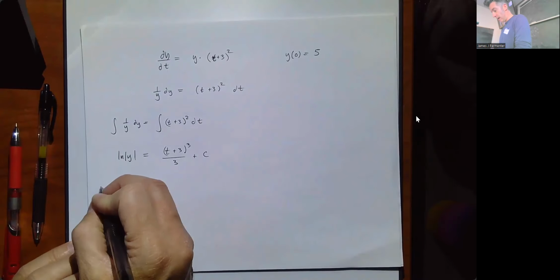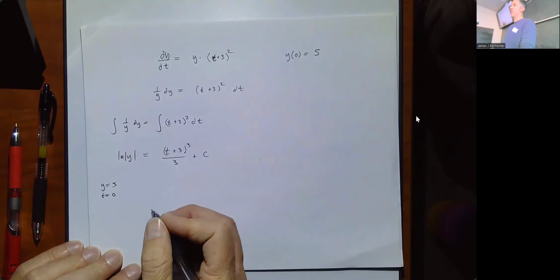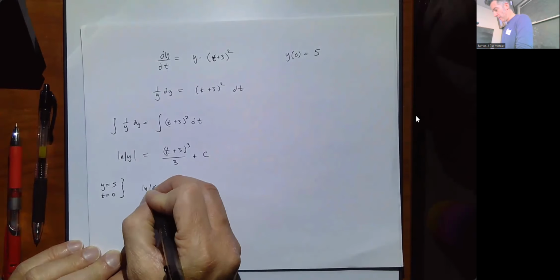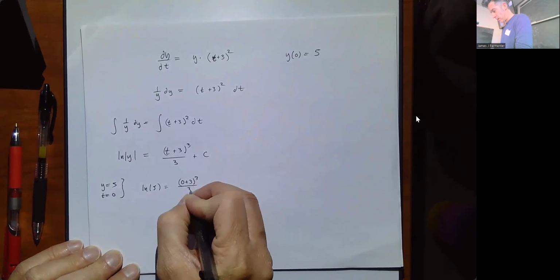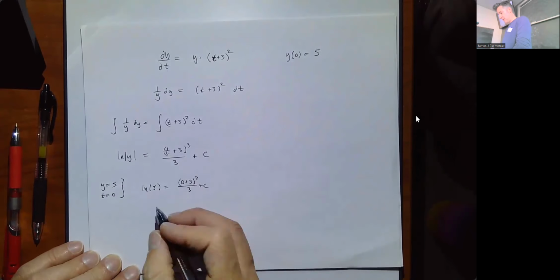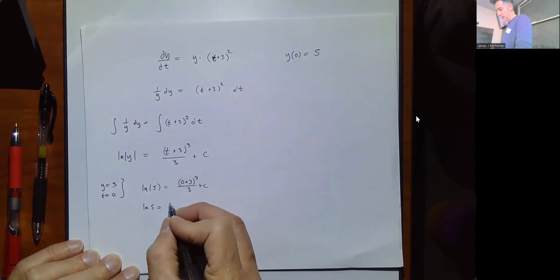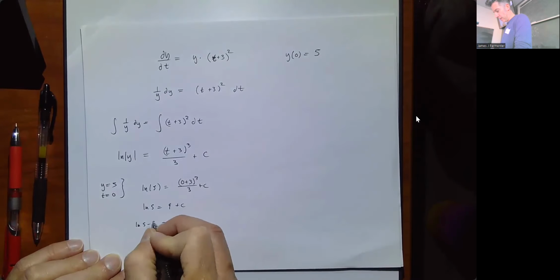If y equals 5 when t equals 0, and I plug that in, the natural log of 5 equals 0 plus 3 cubed over 3 plus c. 3 cubed is 27, divided by 3 is 9. So c is equal to the natural log of 5 minus 9.